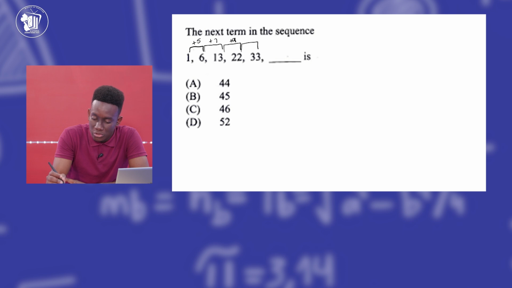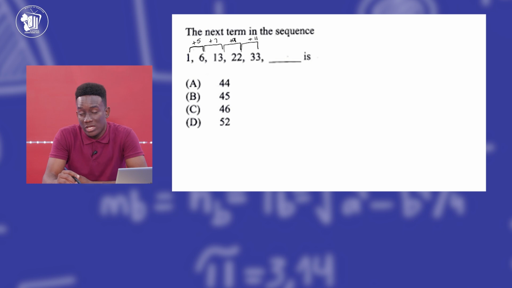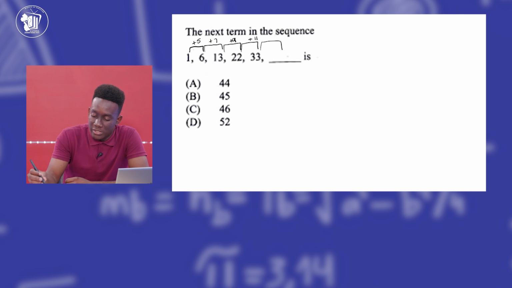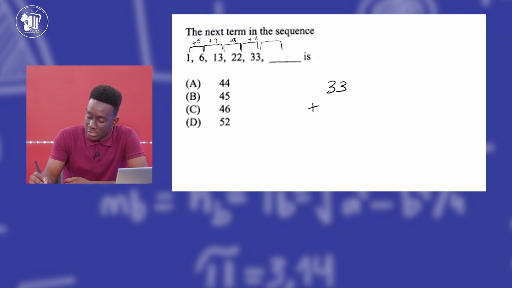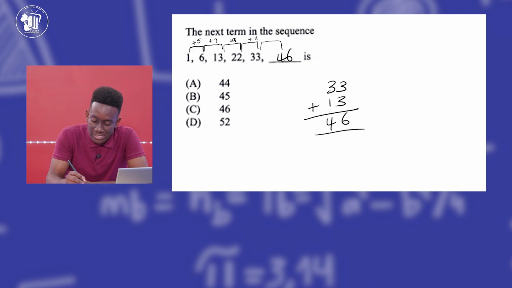And from 22 to 33, we add 11. As you can see, we are increasing by 2 for every number that we jump to. So to move from 33 to the next number in the sequence, we will add 13 to 33. 33 plus 13 would give me 3 and 3 would be 6, 3 and 1 would be 4. So 46 would be the next number in the sequence. So the answer is C.